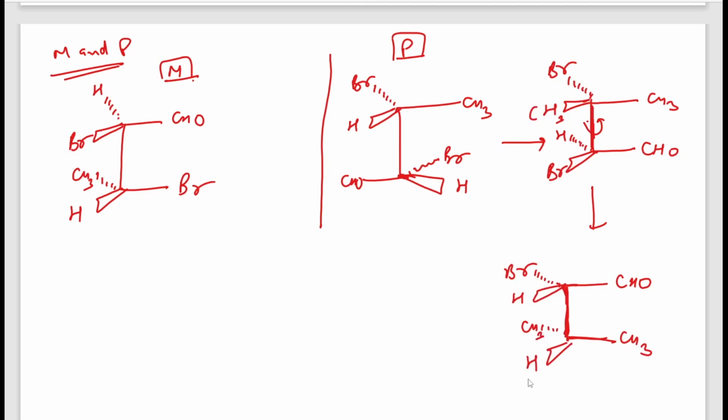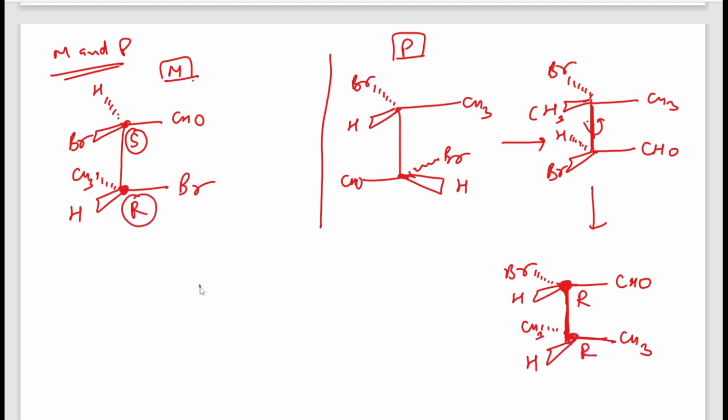Okay. So now we will compare both the structures. In this case, this carbon has S configuration. But in this case, this carbon has R configuration. And the second carbon has R configuration. In this structure, the second carbon also has R configuration.